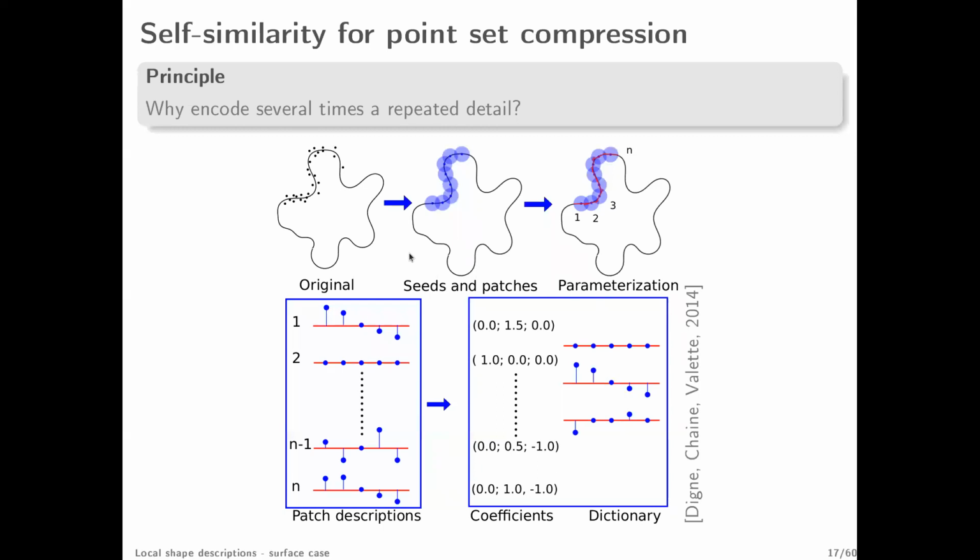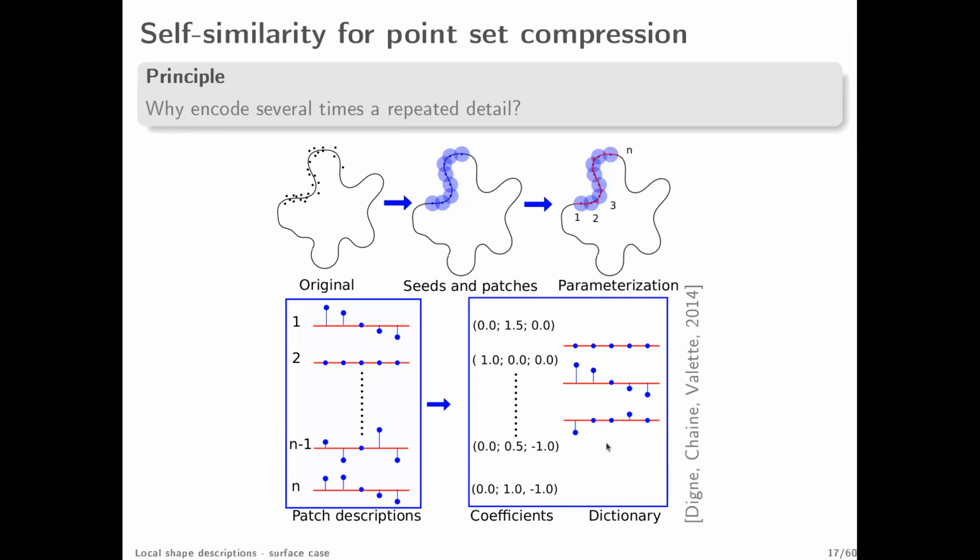The way we do that is to take a sampling of a shape. We cover the shape with patches, we basically subsample a set of points, and we parameterize and compare the neighborhoods. From these descriptions, we decompose them on a small dictionary combined with a sparse set of coefficients.